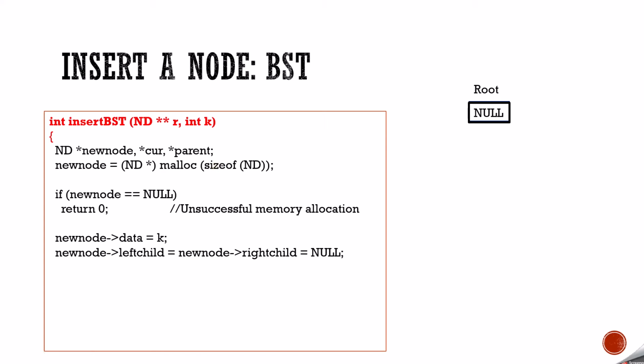Now if you can recall, we have already discussed in our previous lectures how to insert. As and when you try to insert any node, you have to check every node's value against the node that you'd like to insert. If the value of the node that you'd like to insert is greater than the current node value, then obviously it will go to the right side, and if it is less than that, then it will go to the left-hand side of that particular node.